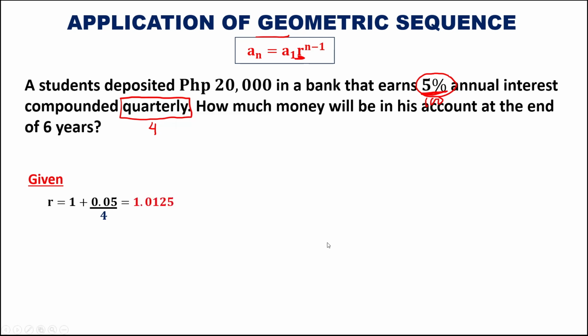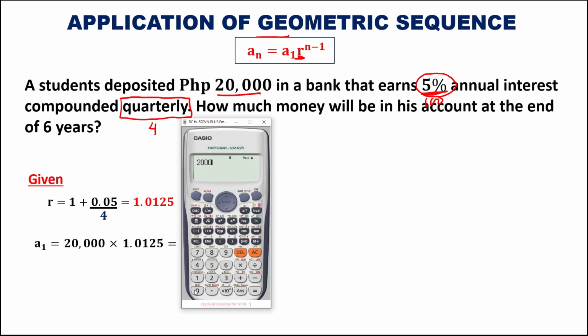1.0125. Then for a sub 1, so from the given value, that's 20,000 pesos, then times the common ratio, 1.0125. So we have now a sub 1 equals, so 20,000 times 1.0125.